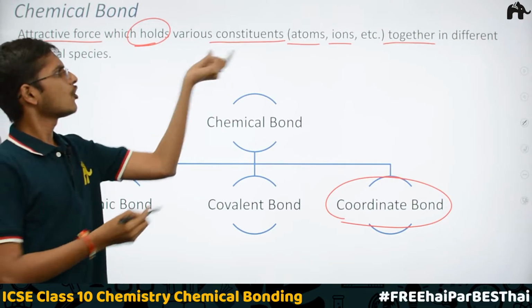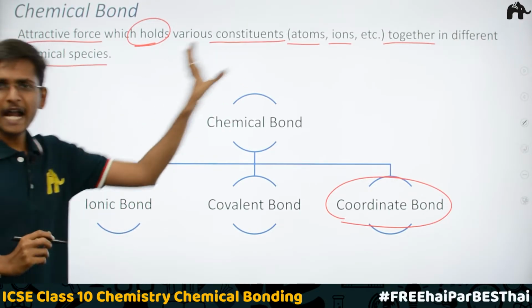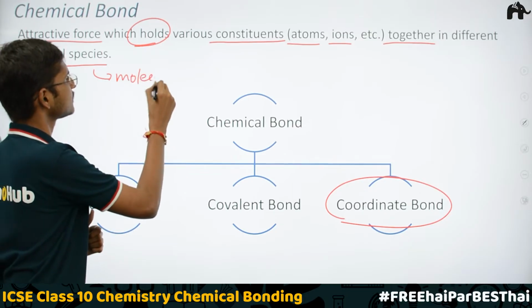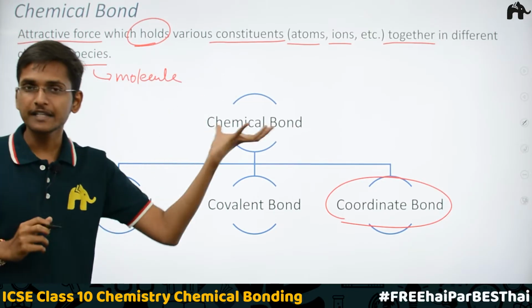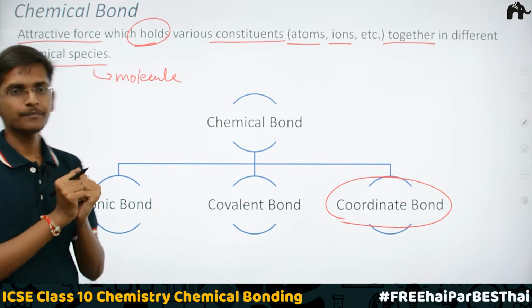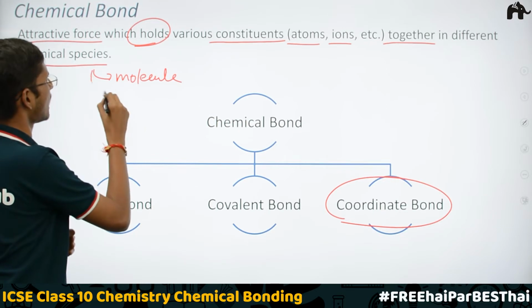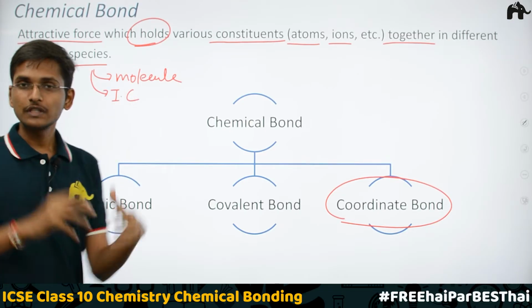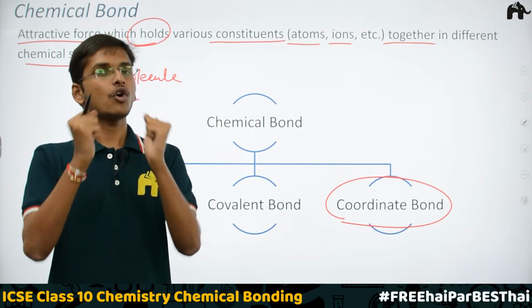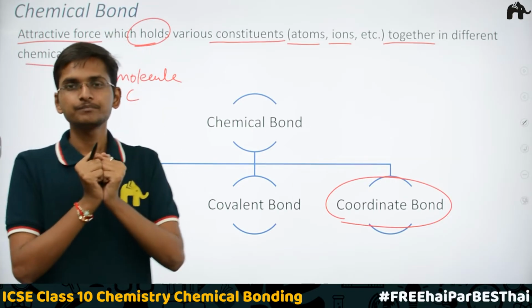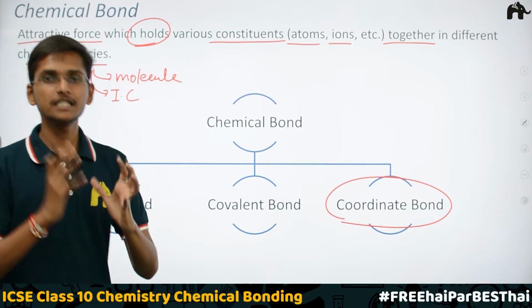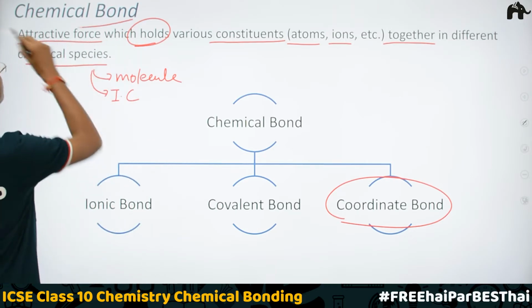So if the constituent particles are atoms, the chemical species would be a molecule, okay? If the constituent particles are ions being held by this attractive force, then the chemical species would be the ionic compound, okay? So this attractive force which is holding the atoms or ions together in a molecule or ionic compound is called the chemical bond, okay?